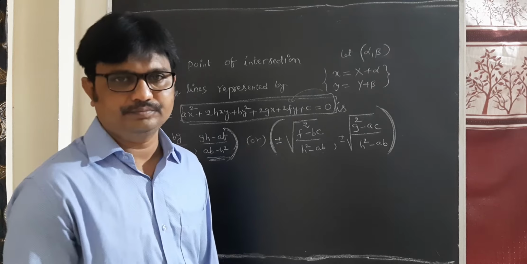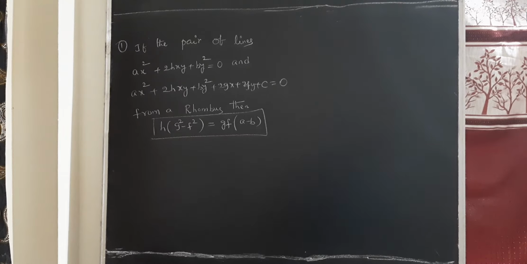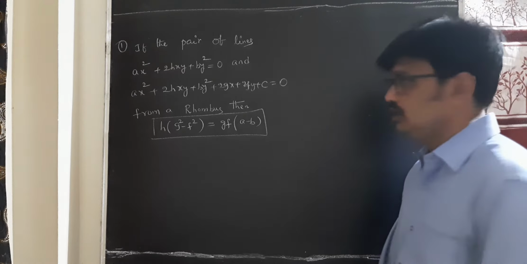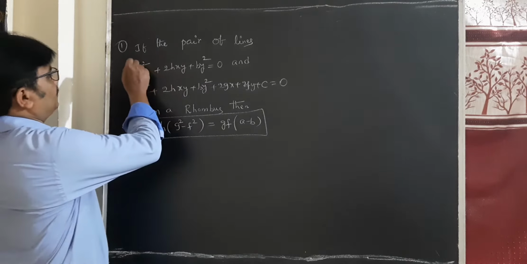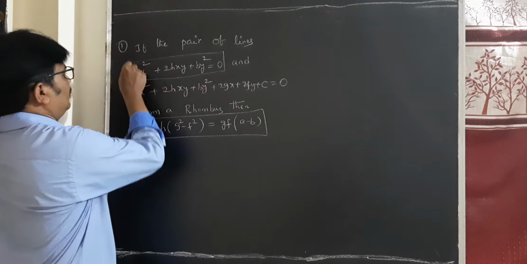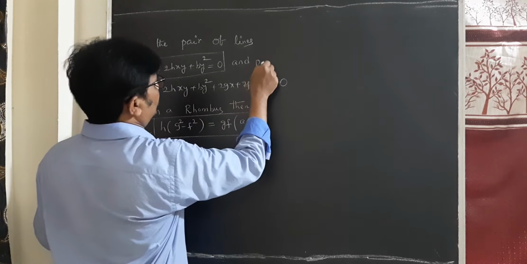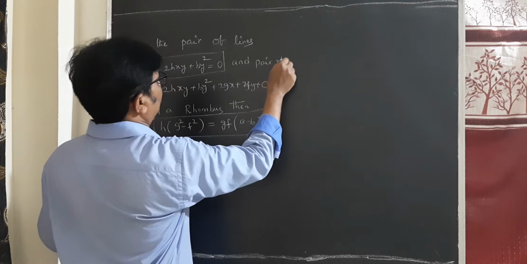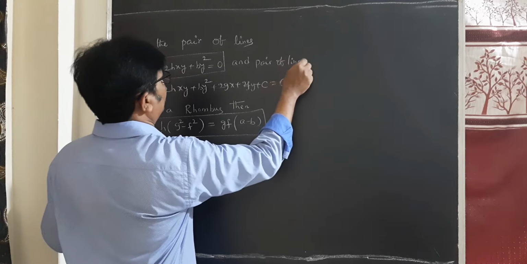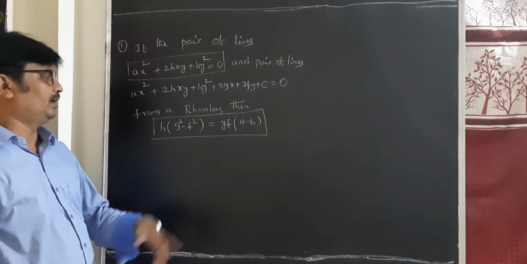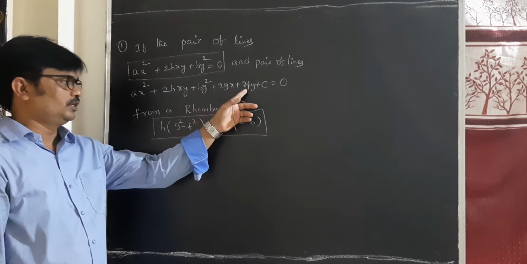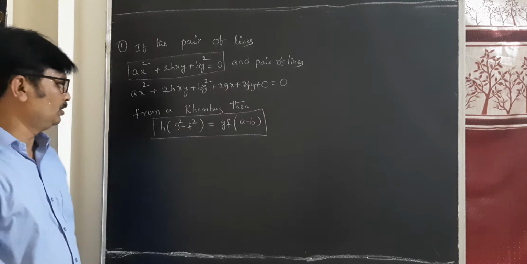Write down, all of you. Dear students, here is the first pair of lines, and another pair of lines is ax square plus 2hxy plus by square plus 2gx plus 2fy plus c equal to 0.